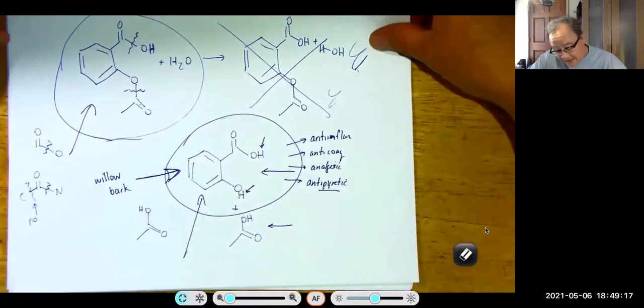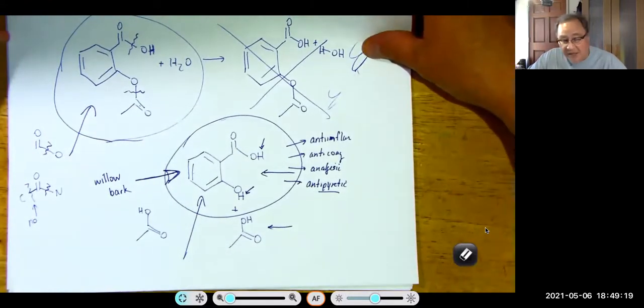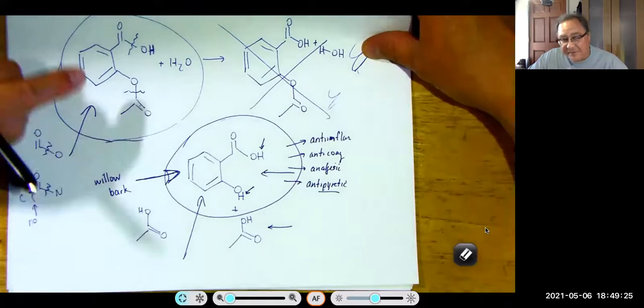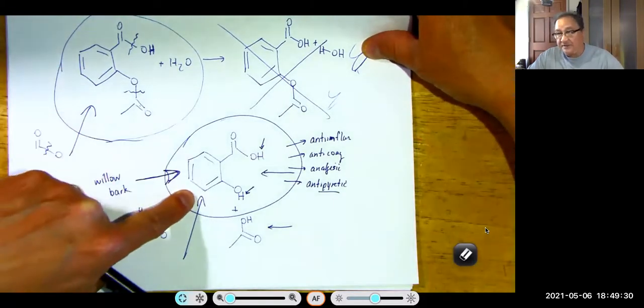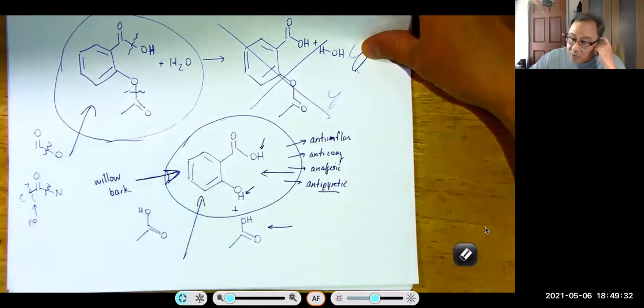A lot of people don't take aspirin because it causes them stomach problems, but it doesn't cause as many people stomach problems as this would. So aspirin is quite good. And now there are even other things that are even better that don't cause stomach problems, like ibuprofen, naproxen, things like that.